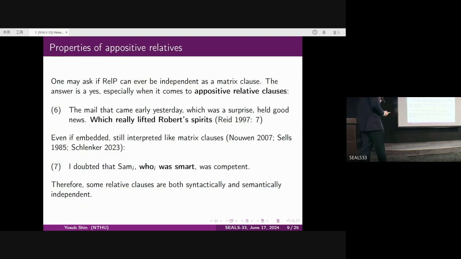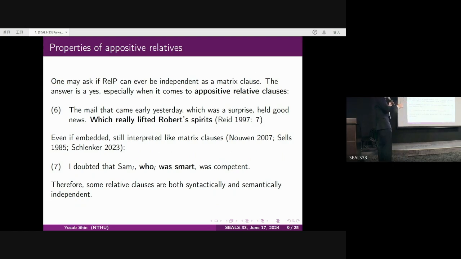But one may ask if relative phrases can ever stand alone as an independent clause, like a matrix clause. Cross-linguistically speaking, we actually already have some examples of relative clauses that can stand alone, especially when they are appositive relative clauses, as you can see in 6. So some relative clauses can stand alone as a matrix clause, as you can see in this English example.